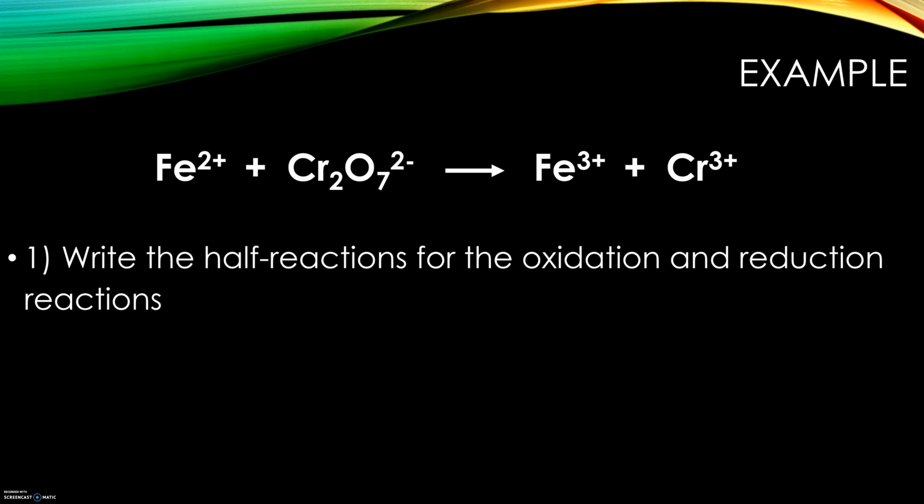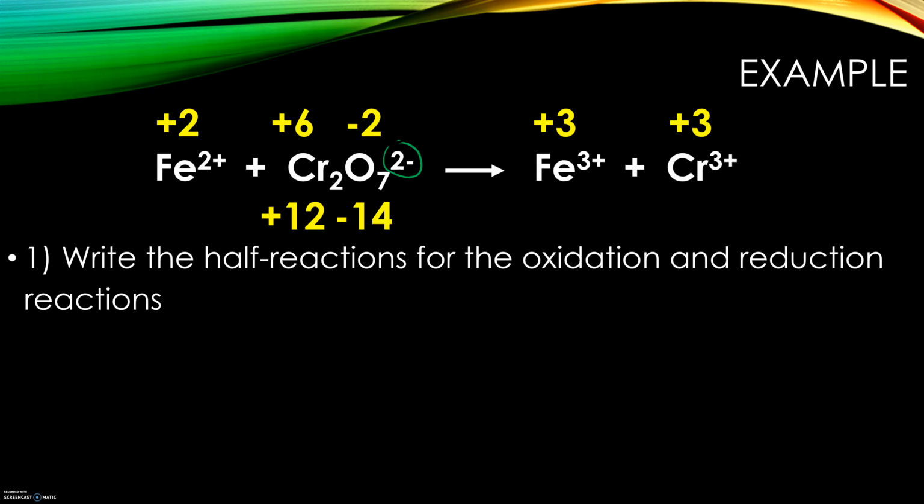So first of all, iron should have a +2, and oxygen we know for a fact has a -2, giving us a combined oxidation number of -14, which then we need to realize that the sum of these combined has to be a -2 right here. So what do we do? We then realize that chromium has to be a +12, but since we have two chromiums, that's going to give us a +6. And then we move on to iron having a +3 and chromium having a +3.